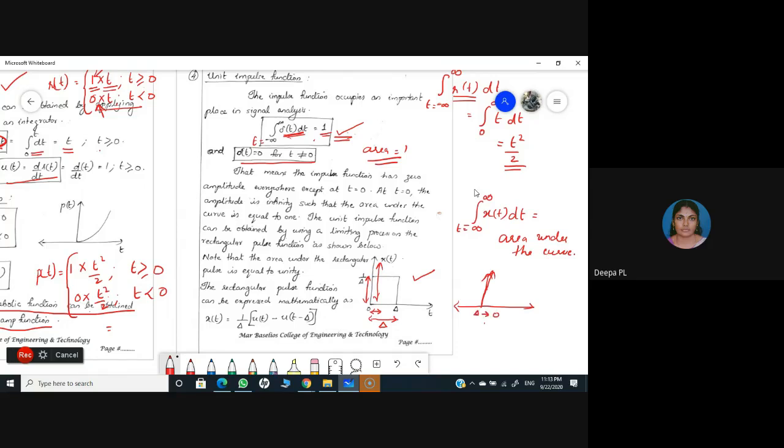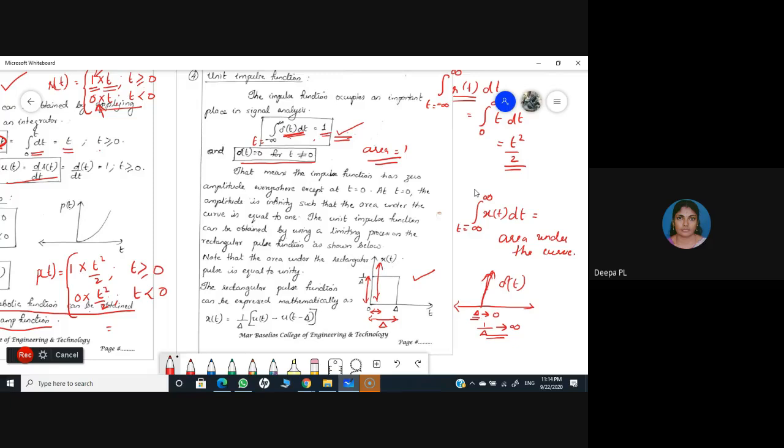If delta is tending to 0, 1 by delta will be tending to infinity. Okay, if that is the case, that signal for delta approximately equal to 0 is known as what? Is known as the delta t or impulse function.